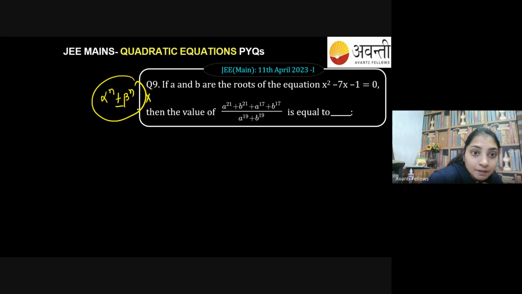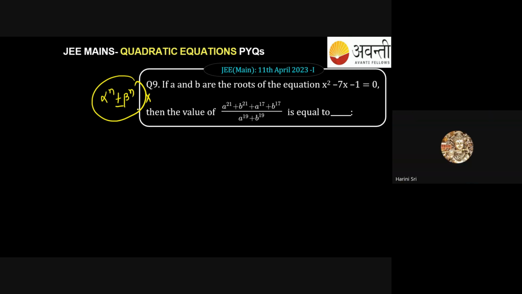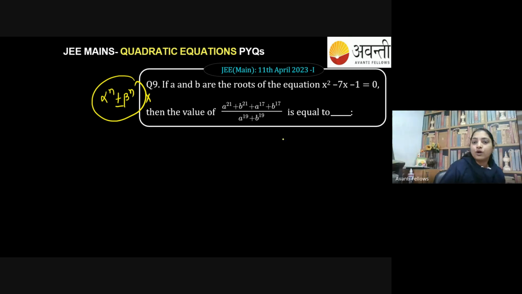But just think, we didn't show our dependency on this. Remember? Yes, ma'am. We remember how to solve. Just the same method. Take x square as 7x plus 1 and start multiplying. You can say a square is equal to 7a plus 1, right?